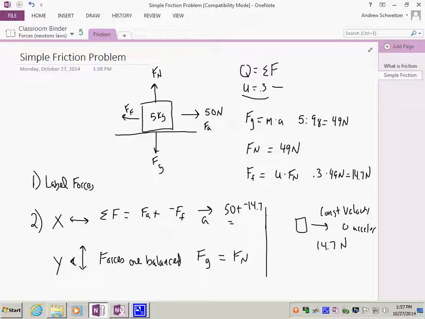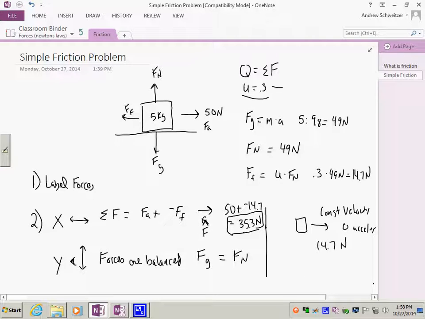Now, I should say the force will cause an acceleration, but we'll just call this the net force in this direction, 35.3 newtons of force. And that could answer the question at this point if that was the question asked.